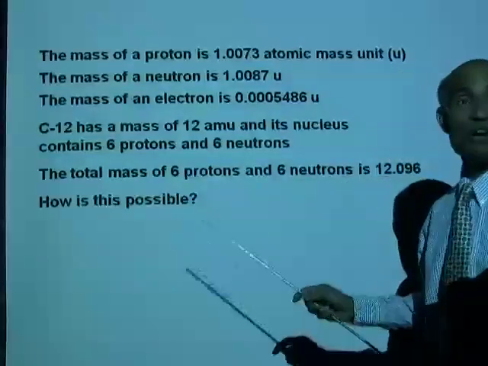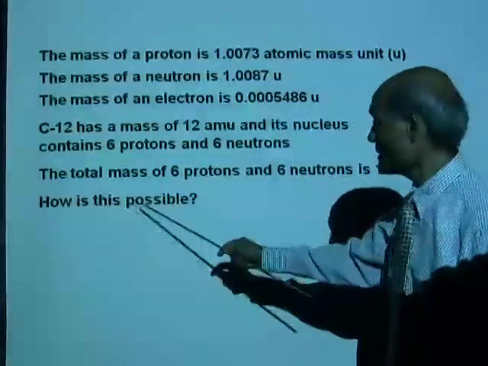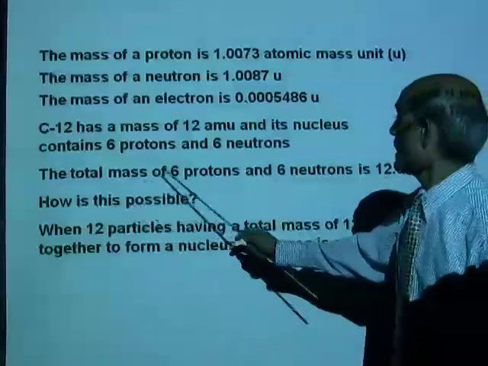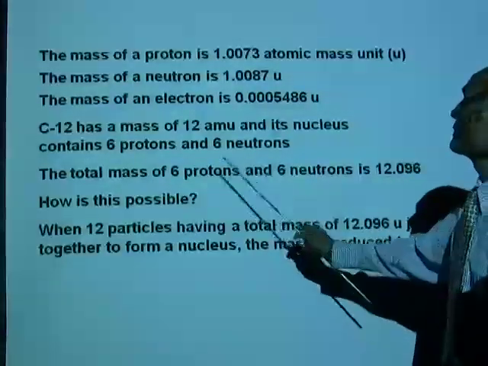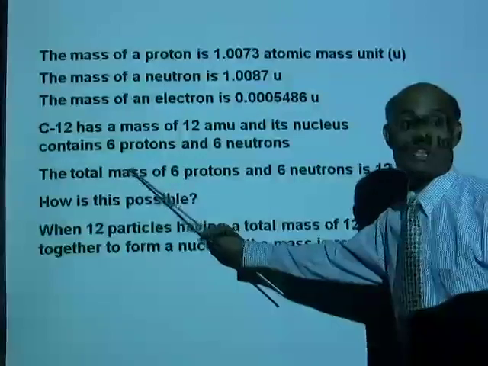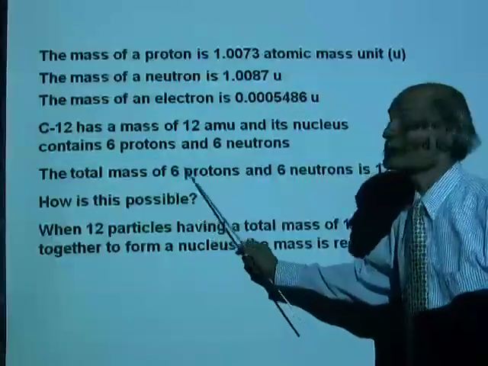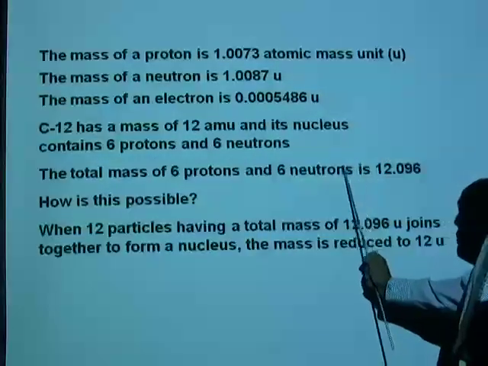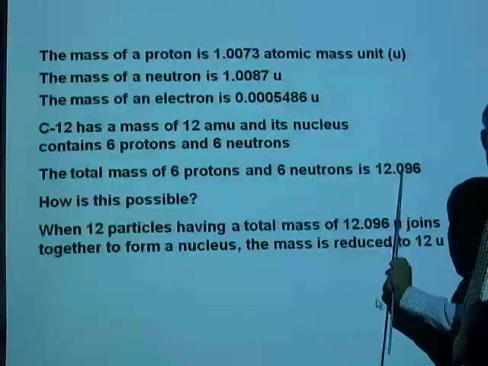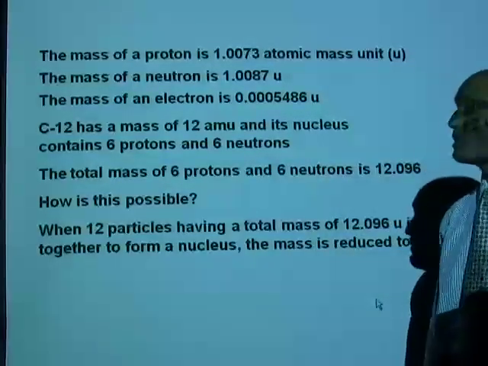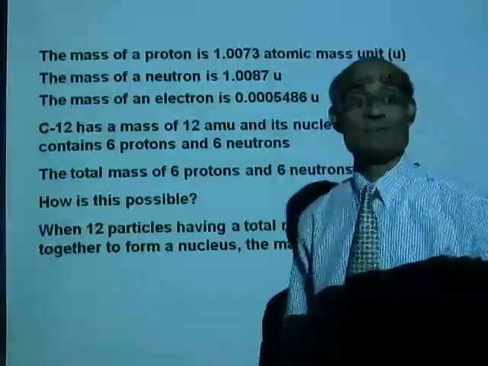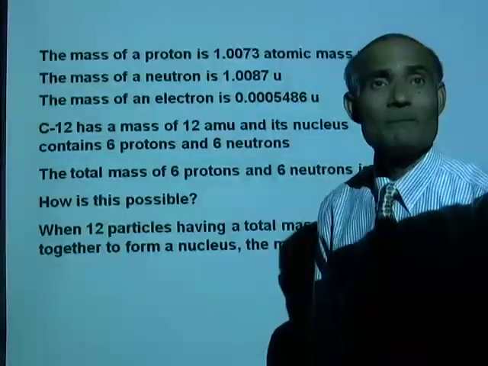How about the mass of 6 neutrons? Well, I calculated the mass of 6 protons and the mass of 6 neutrons, which came to 12.096. Well, is that a mystery?